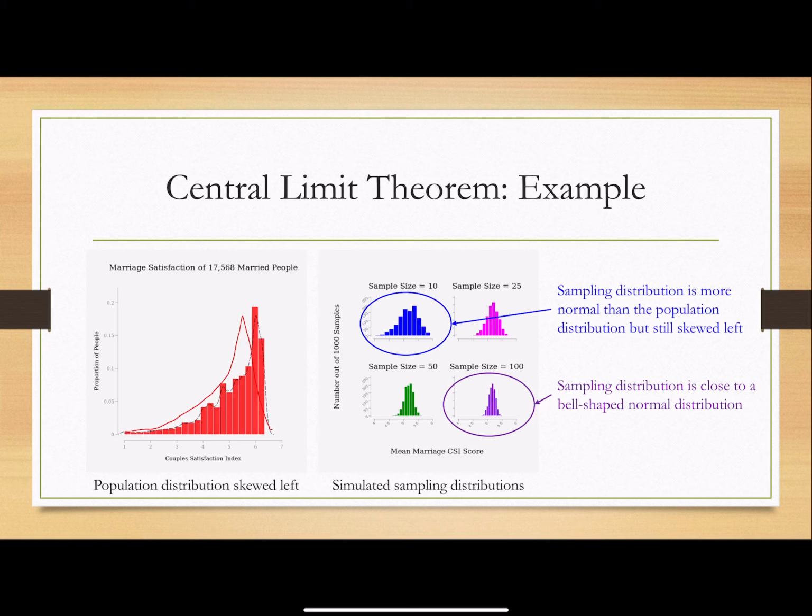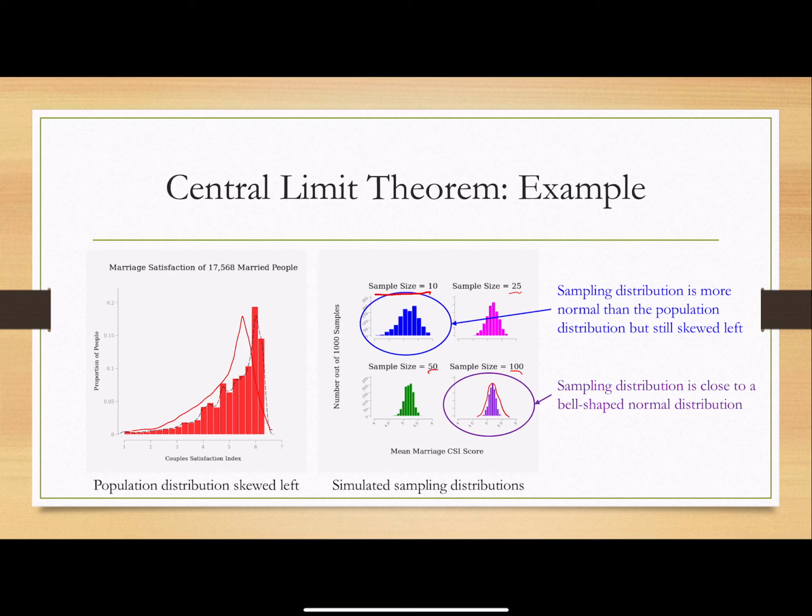If we start taking samples from it, and we start by taking 10 people at random and did that a whole bunch of times, then this is the graph we would get. Then if we take 25 people at a time and do 10,000 samples of that, and then 50 people at a time, and so on, as you see, as we get to larger sample sizes, by the end we get a very, very nicely bell-shaped curve.